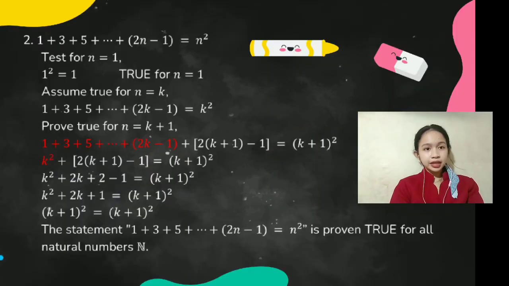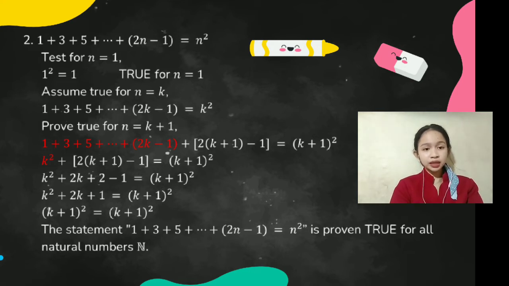Next will be number 2. Example number 2: 1 plus 3 plus 5 plus dot dot dot plus the quantity of 2n minus 1 equals n squared. Test for n equals 1.